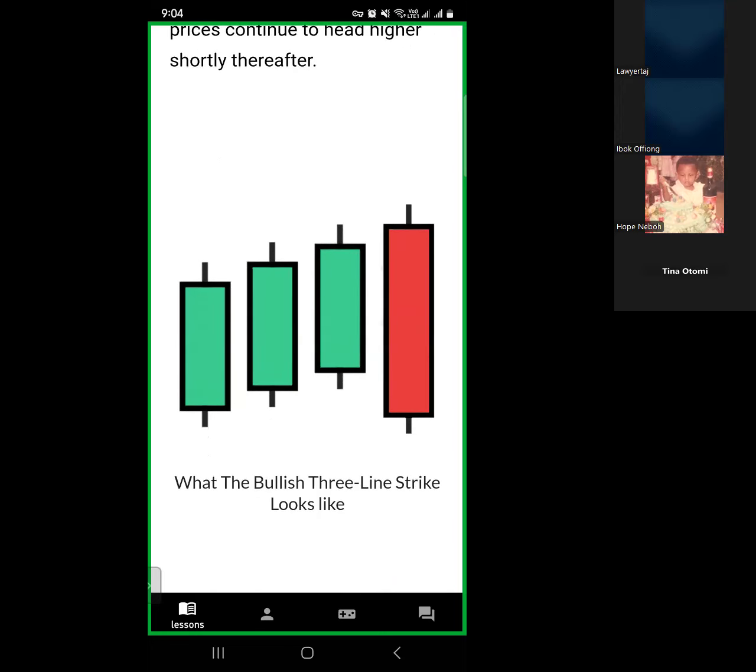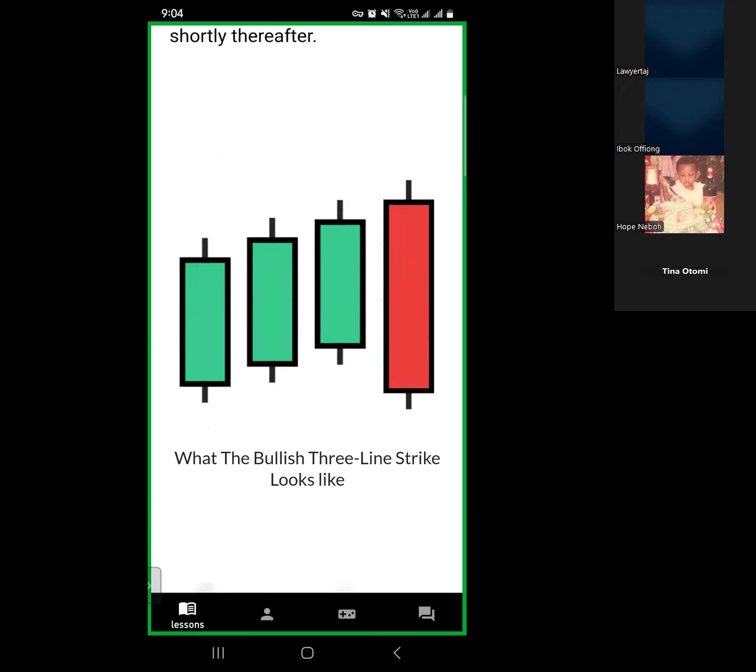So this is what we know as the bullish three-line strike. One characteristic you can see here is the three green candles are kind of looking like brothers and sisters, like twins. But the fourth candle, which is the red candle, is bigger, longer, and covers the entire body of the last three candles.